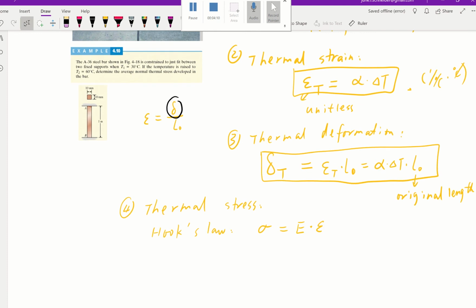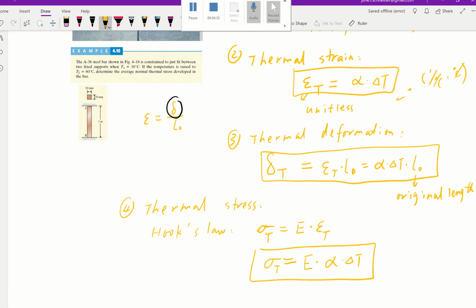And because of that, we can go ahead and write it down. The subscript T, thermal stress, is due to this thermal strain, and then we can have an equation for sigma T, which is thermal stress: elastic modulus times epsilon, right here, alpha delta T. Then we have the expression for thermal stress.